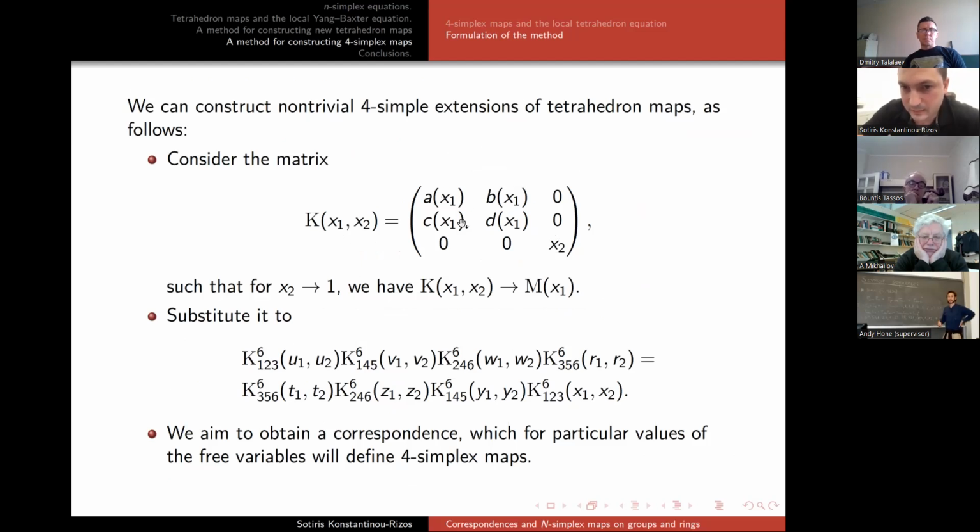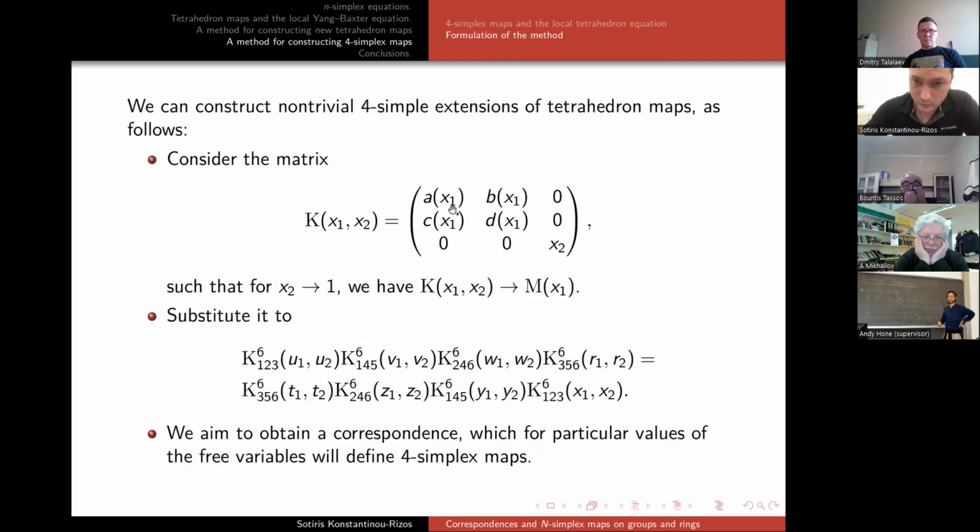But here I didn't allow functions A, B, C, D to also be functions of x2. You can allow them to also depend on this new variable. In the limit, they will again go to the original map. And you can get even more interesting results. But here you need to be careful to preserve the determinant.